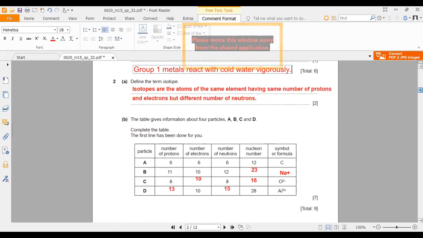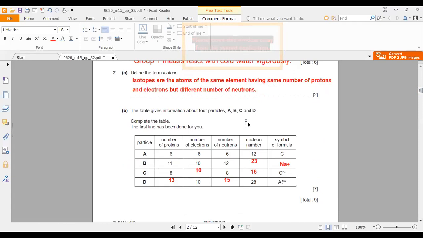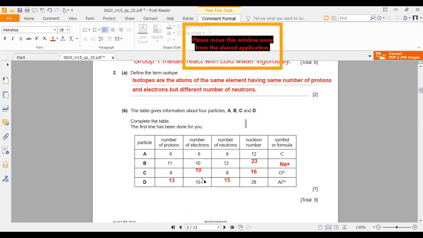We can proceed to the next one. Have a look at this table. So I have already completed the table. If you don't understand anything, you can tell me. Look at B. Number of proton is 11 and number of neutron is 12. So 11 plus 12 will give you nucleon number 23. Then proton number is the identity of the element.